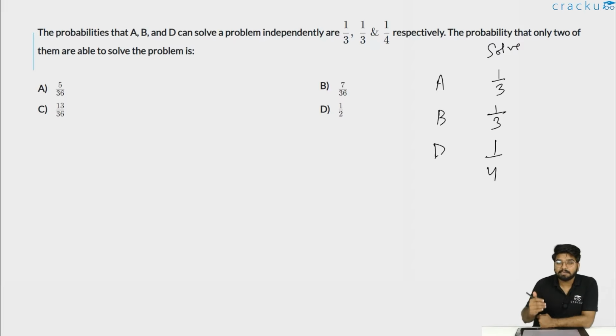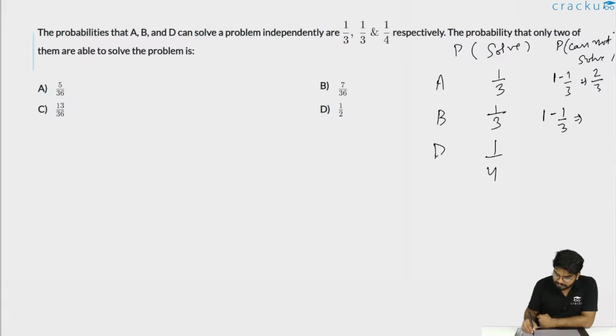If we subtract this from 1, we get the probability that they cannot solve the sum. So 1 minus 1 by 3 will be 2 by 3, because the sum of doing and not doing should be 1. Again 1 minus 1 by 3 will be 2 by 3. And for the last, 1 minus 1 by 4 will be 3 by 4.